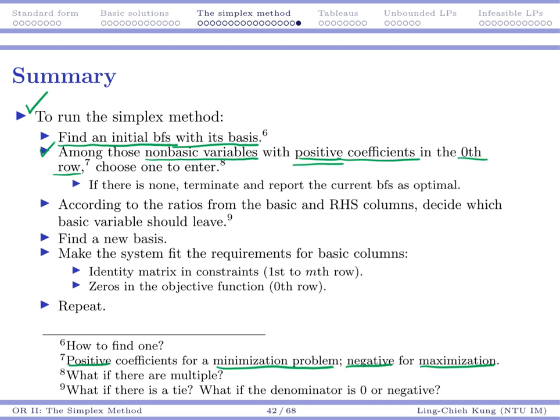If the non-basic variable has the correct sign, we choose one to enter. Up to here, we haven't told you how to choose one to enter. It turns out that if you want to run the simplex method, this is an issue. Sometimes you may think, well, how about this? I'm going to choose the one with the most significant coefficient.